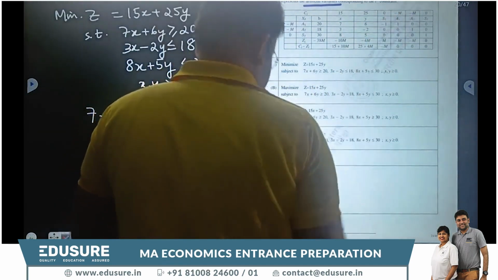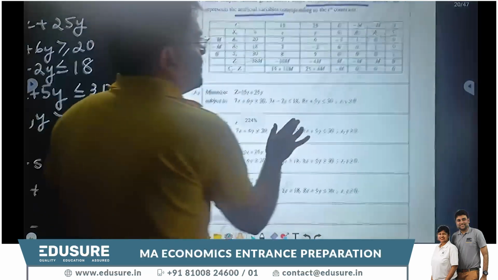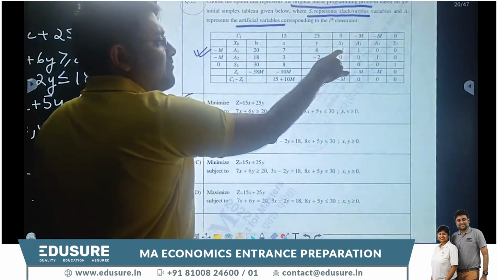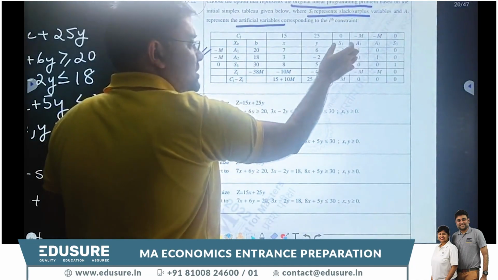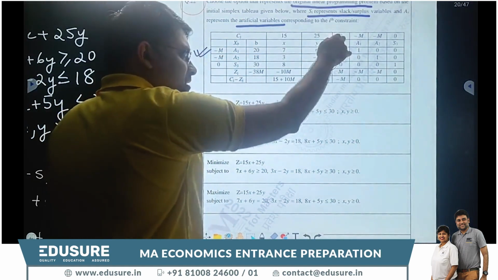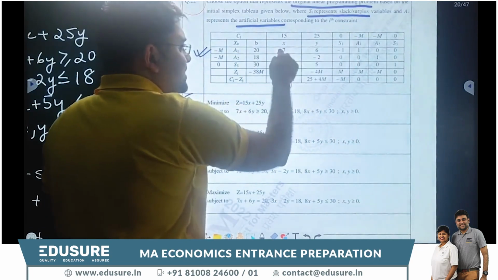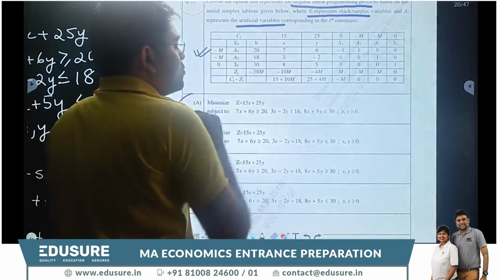Okay, here this is, if you are able to see it, ये देखिए, एक slack variable है minus and एक artificial variable है. So if I have a -1 of a slack variable and an artificial variable, that means that this inequality is greater than equal to, 7x plus 6y greater than equal to 20.